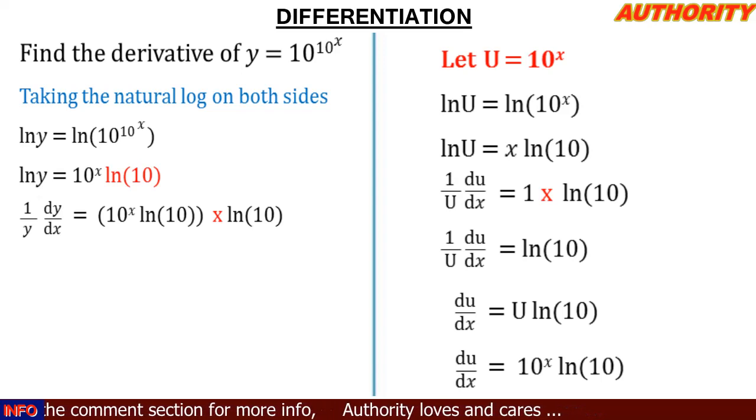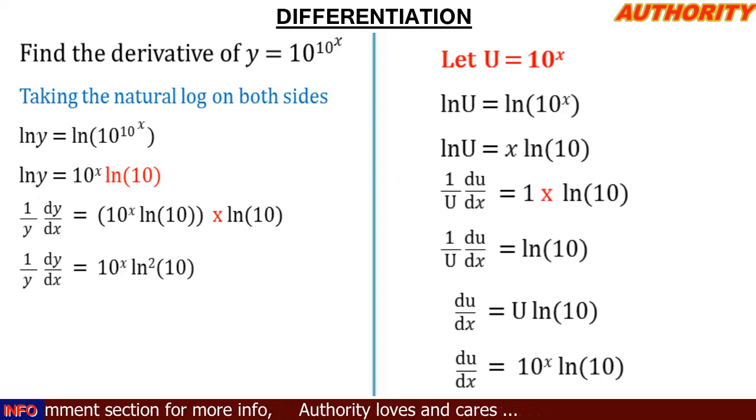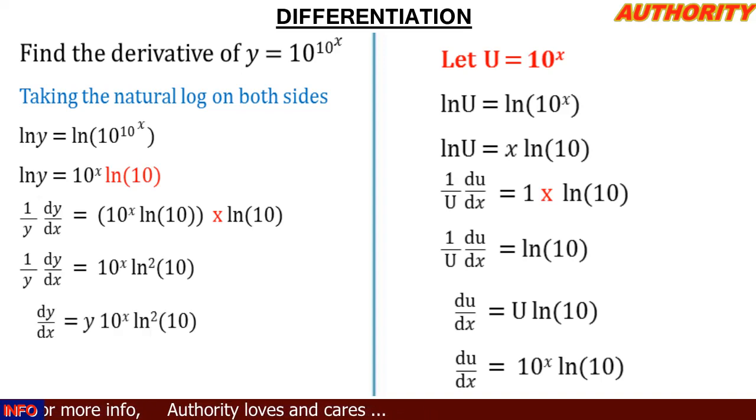So here we have 1 over y dy/dx is equal to 10 raised to power x ln squared 10. From the left hand side, let's clear the 1 over y by multiplying both sides by y. In doing so, we have dy/dx is equal to y times 10 raised to power x ln squared 10.